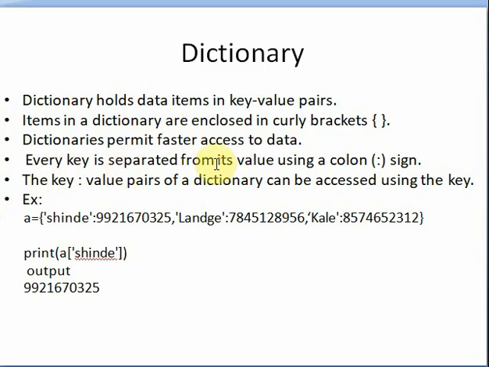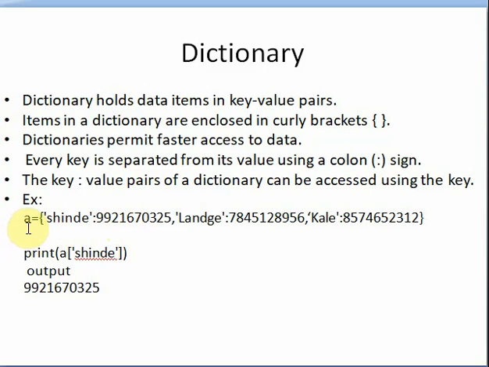Every key is separated from its value using a colon sign. The key value pairs of a dictionary can be accessed using the key. So, this is the example of dictionary.